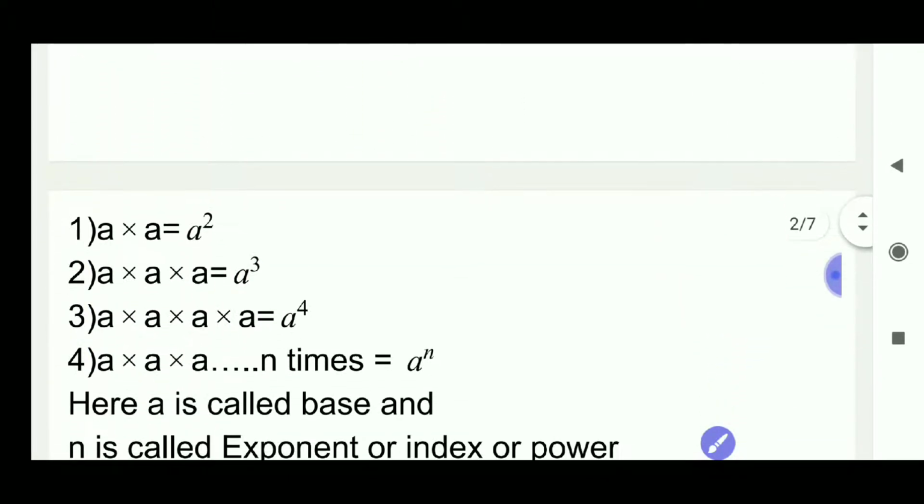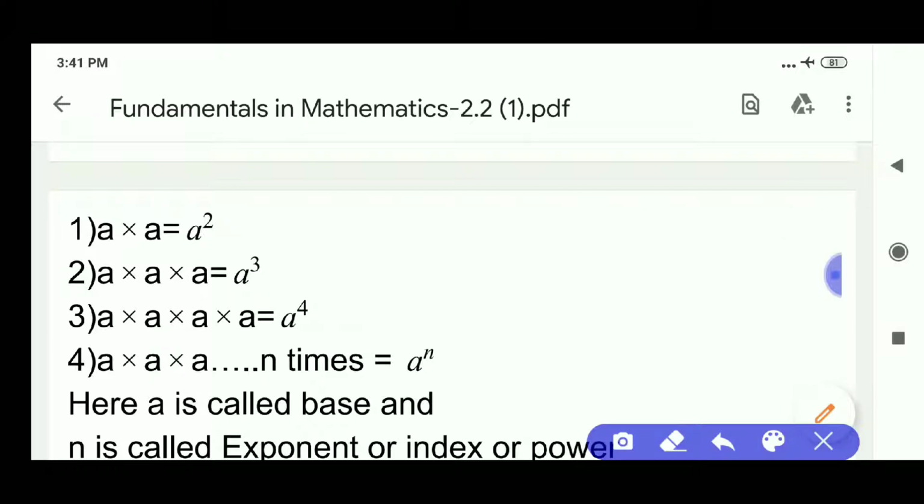Now come to an important topic. A into A is written as A power 2 and read as A square. A into A into A, multiplying A 3 times, is written as A power 3 and read as A cube.